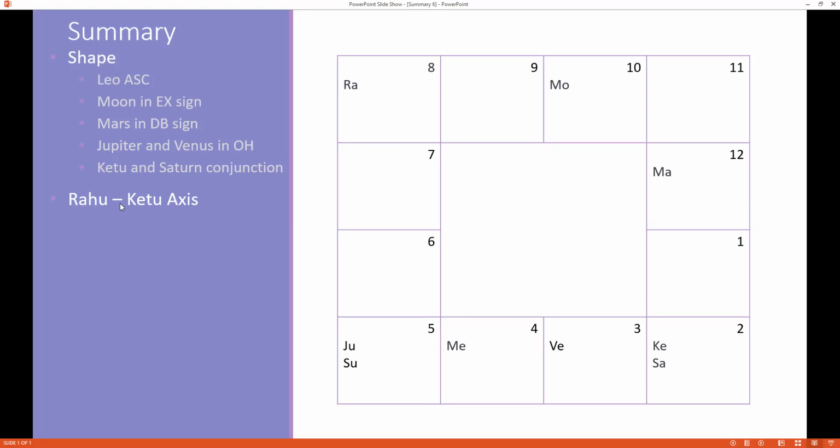Now, another strong shape in everybody's chart, isn't it, is the Rahu Ketu axis. And for this chart, it's between the second house and the eighth house, and between Virgo and Pisces.